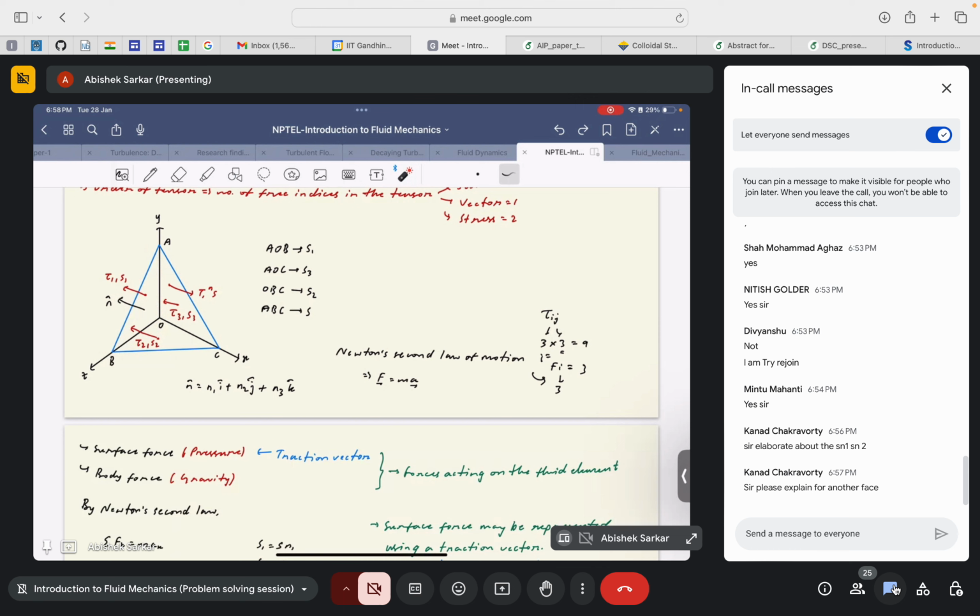The projection of this surface S along the x direction would be this surface, S1. From there we can find the relationship between this surface S1 and S.